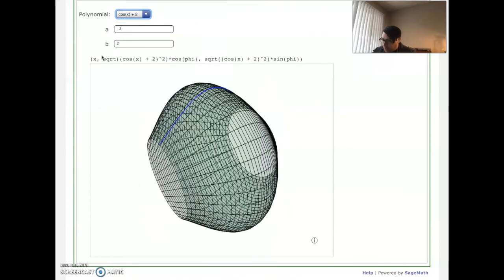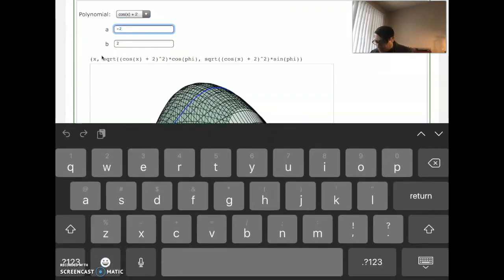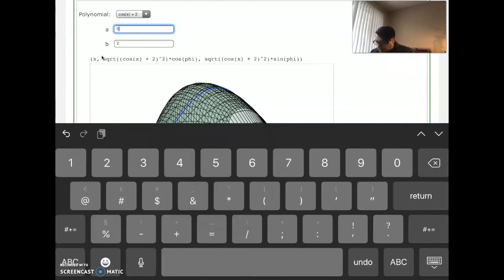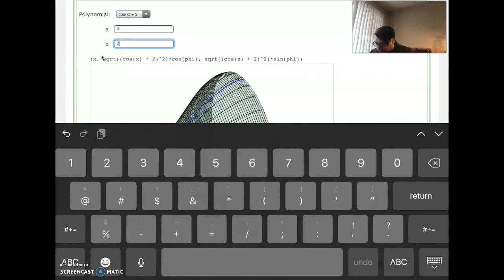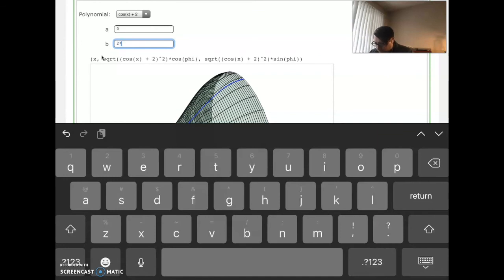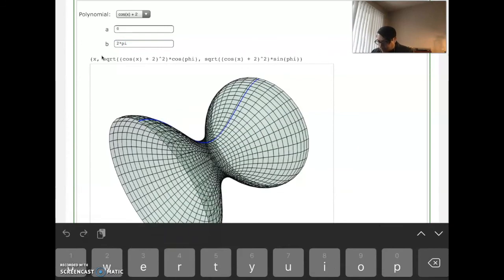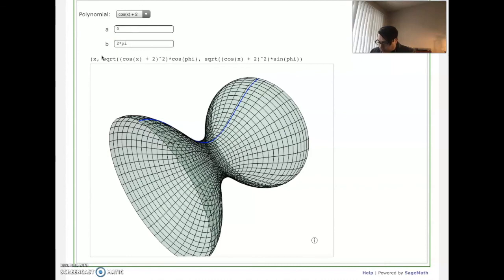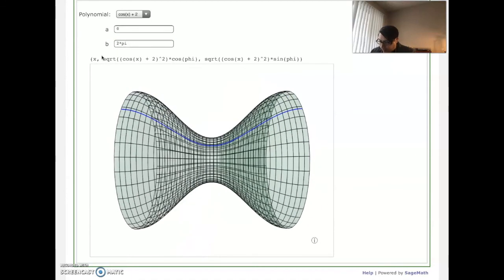For this one it's going to be 2 plus cosine, regular cosine, but I want to change the interval, so I'm going to do it from 0 to 2 pi. Here we're looking at the surface of revolution for 2 plus cosine of x.